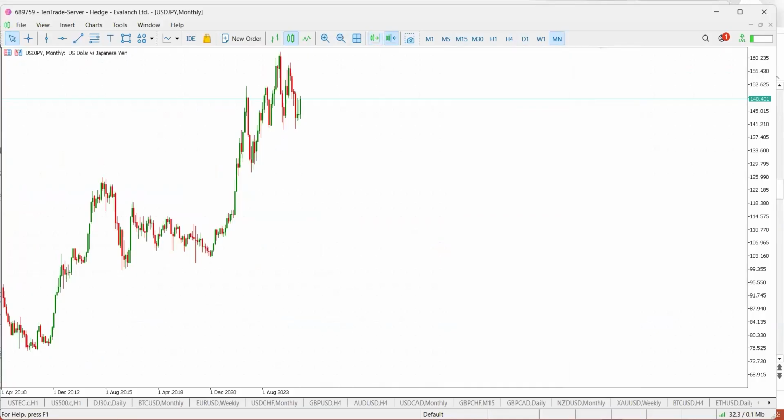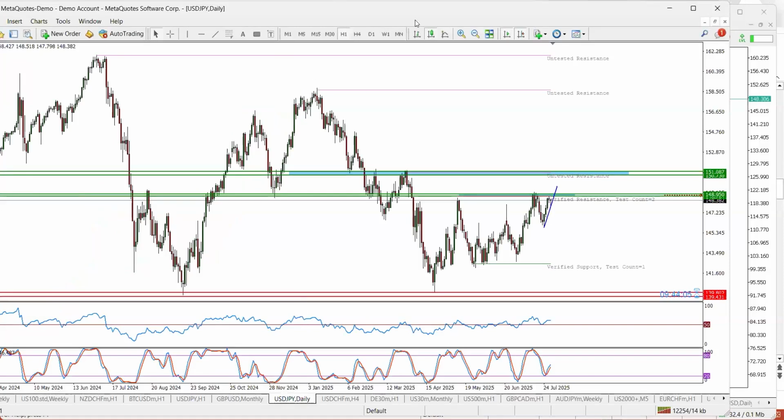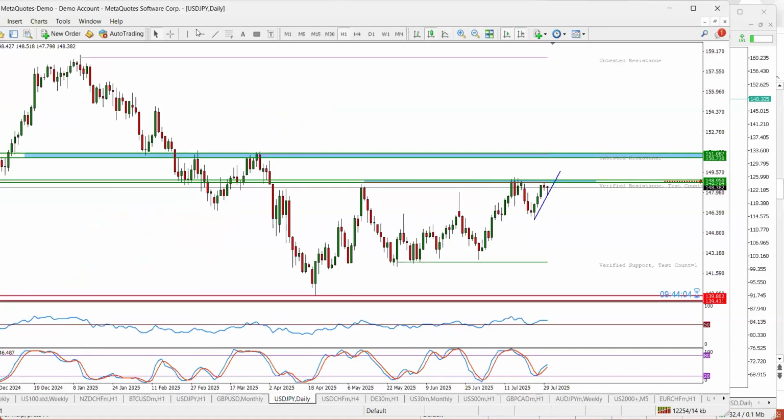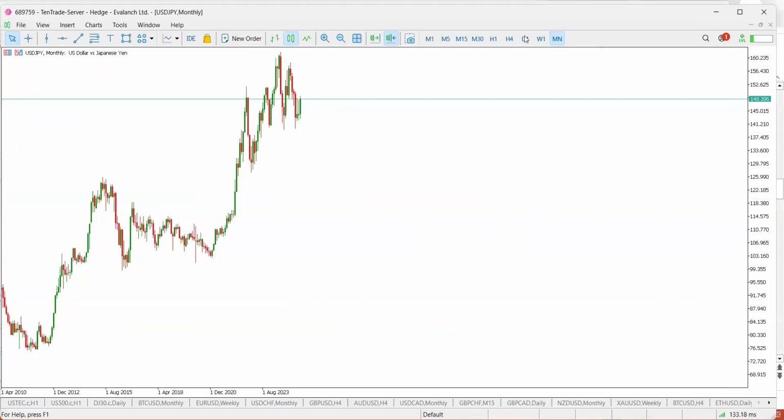Now I want to replicate what is on my other chart, right? So I come here. This is where I drew the line on the daily, somewhere around here. So I'll come to my chart here, go to my daily, then I'll replicate the same thing.